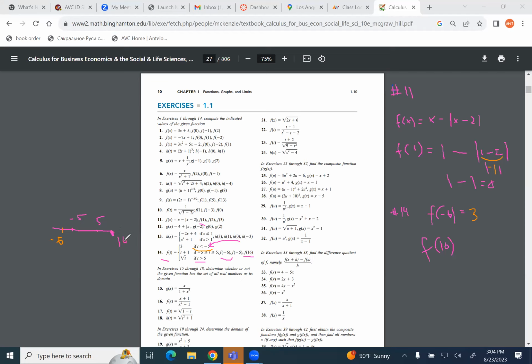And looks like our 16 is on the first piece? Oh, actually, last piece. Let me do it a little bit more carefully. 16 is on the last piece, and that's where I put that in.